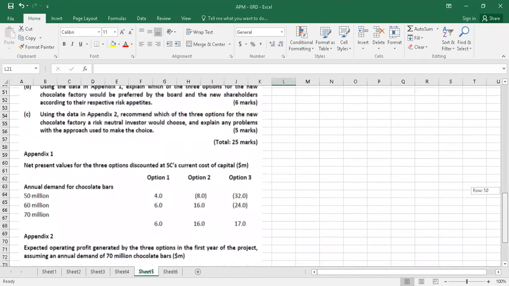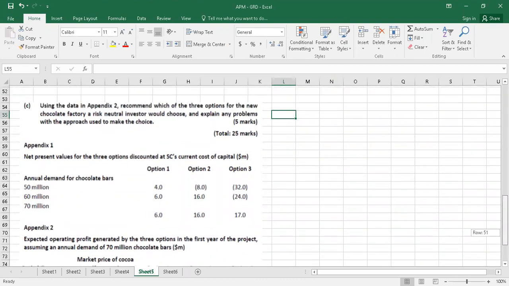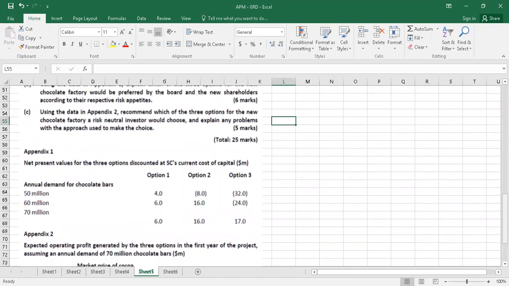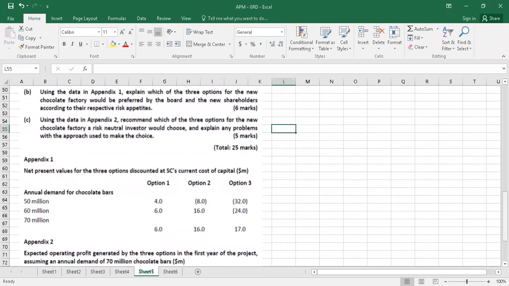Let's put up Appendix 1, and then I'll do the solution here. The question is, explain which of the 3 options for the chocolate factory would be preferred by the board and the new shareholders according to their respective risk appetite.